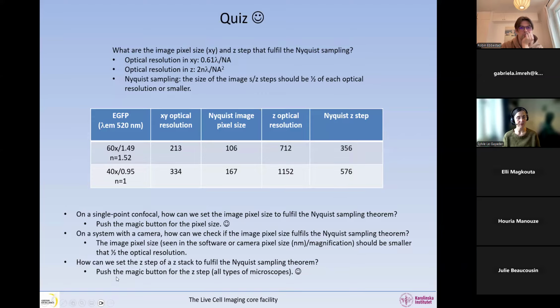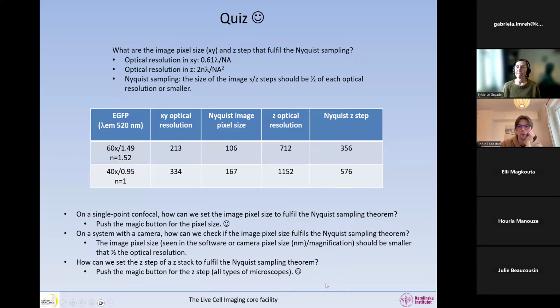Robin, you had a question. Does the Z stepping take into consideration what the area unit the confocal is set to? Let's say you have an area unit of 1, is there an easy way to adjust this for the Z stepping? Yes, absolutely. Because we know that if we close the pinhole smaller than 1 area unit, we're actually increasing the resolution in XY. And yes, I think that it does take that into account.